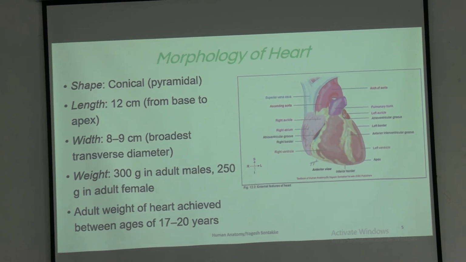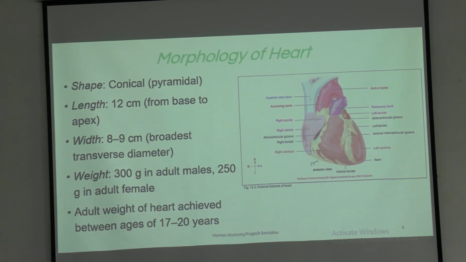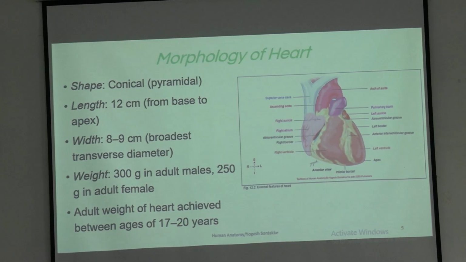The back of the heart is called the base, which is contributed by the left and right atrium. So the heart has got an apex, and the base is directed on the posterior surface.